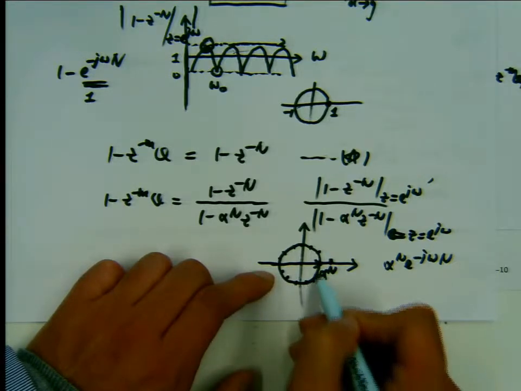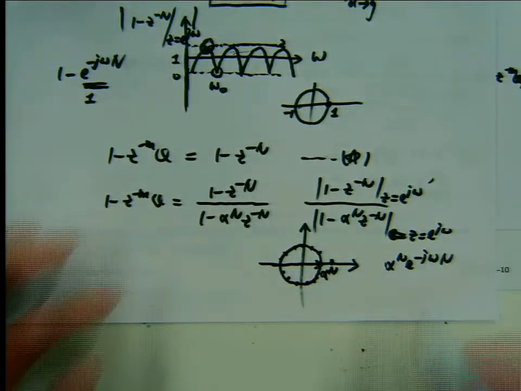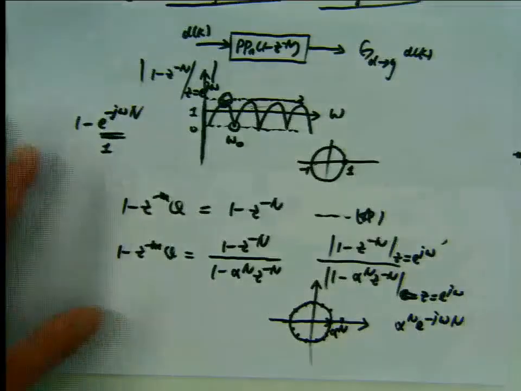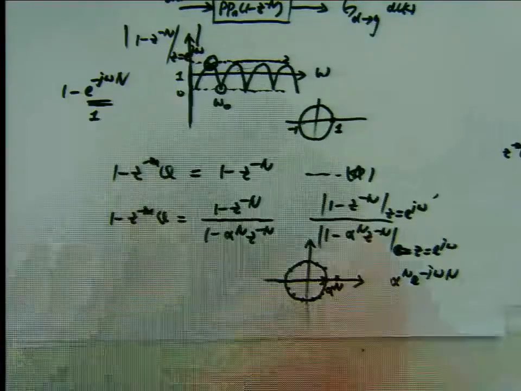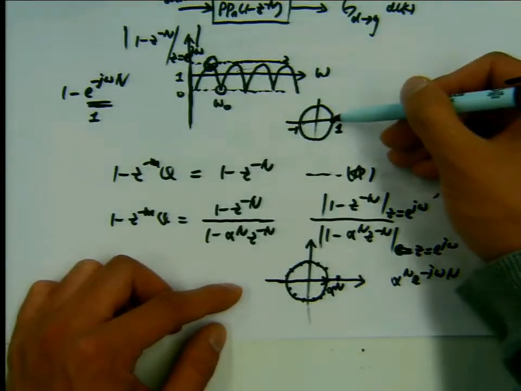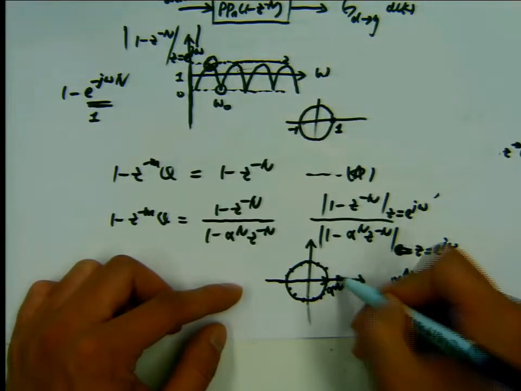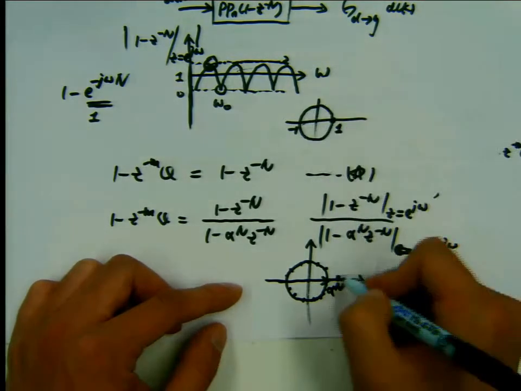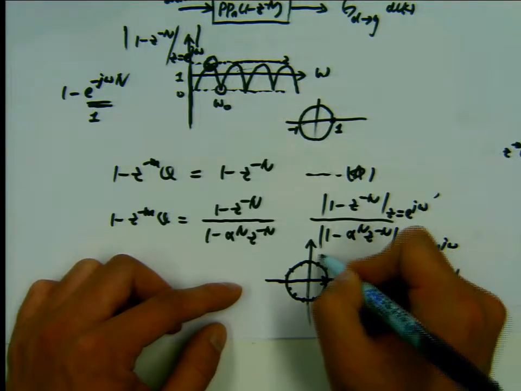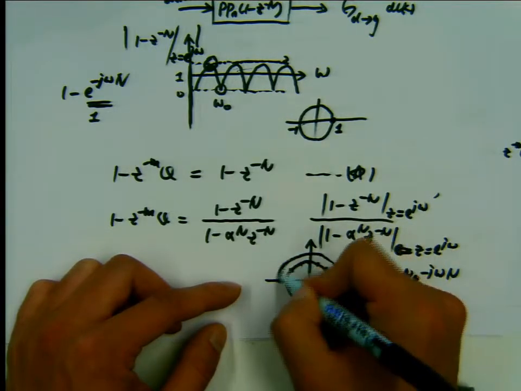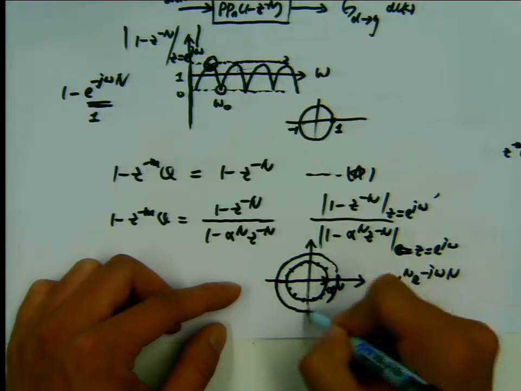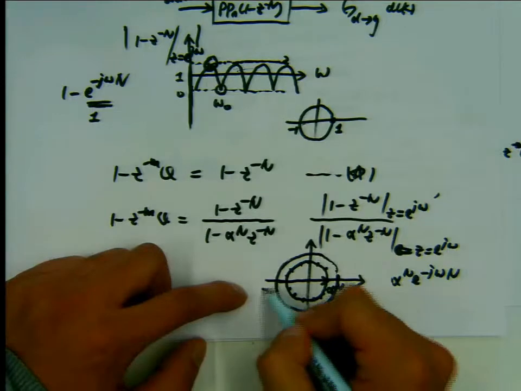Okay? So you see now, let me draw another picture for the demonstration. You see now, for the first guy, I am evaluating on this unit circle. So if I draw this unit circle here, this is the unit circle, this is -1.